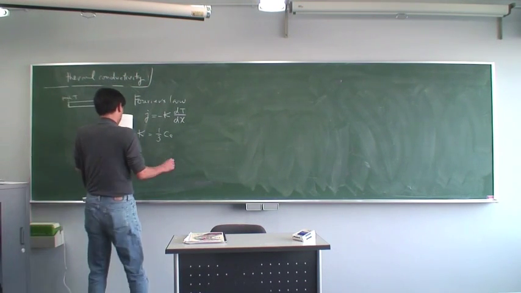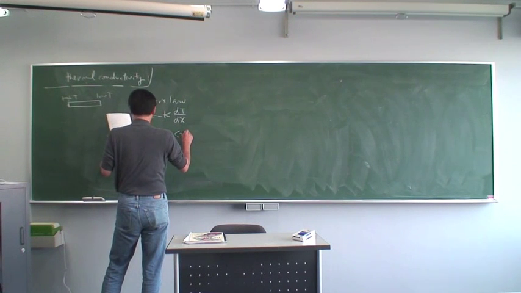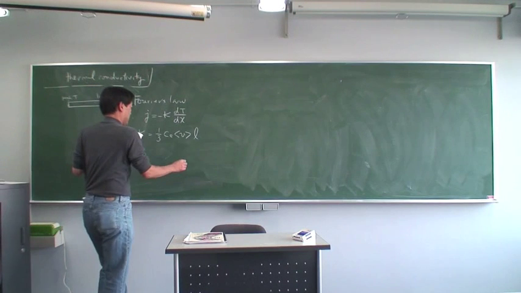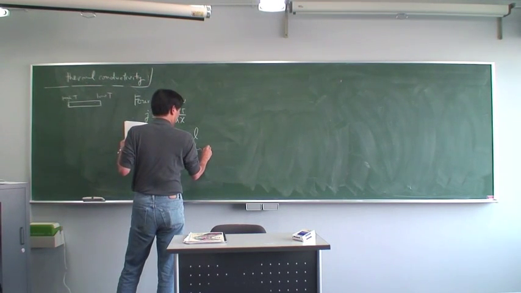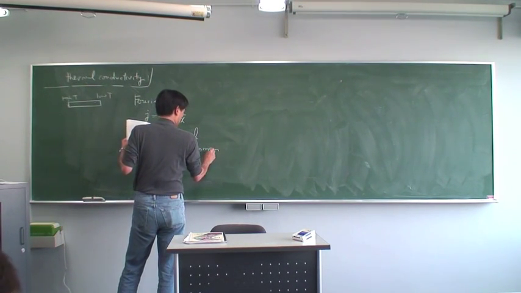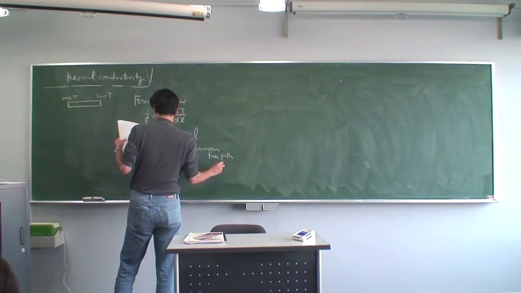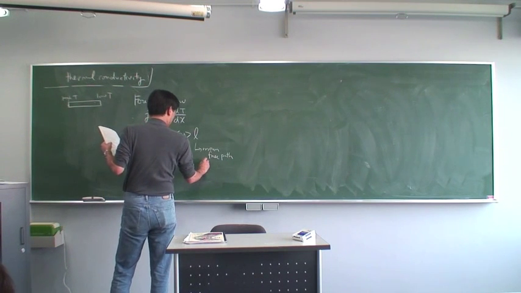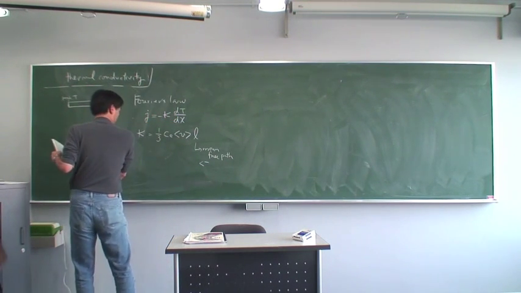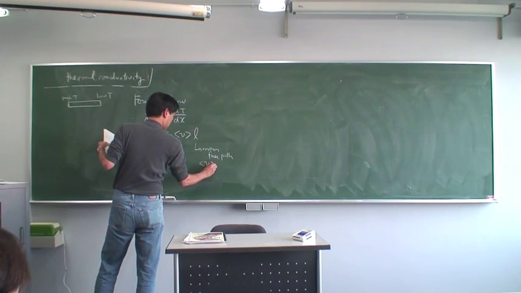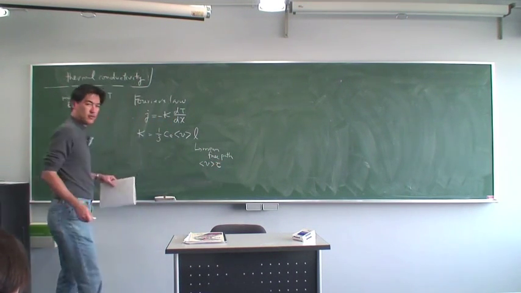And then average velocity times L. Here L is the mean free path, approximately given by average V tau.